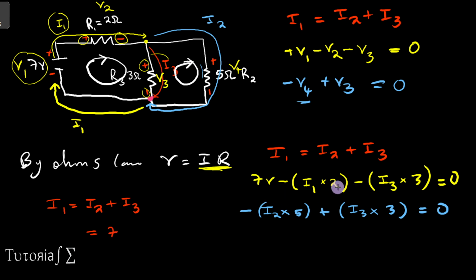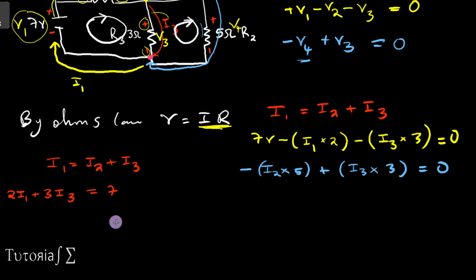Then this will be positive as well, or would it be negative? Oh yeah, it will be positive. When 7 goes there, it will be negative, and if these go to the other side of the equation, they will be positive. So it will be 2I1 plus 3I3 equals 7.